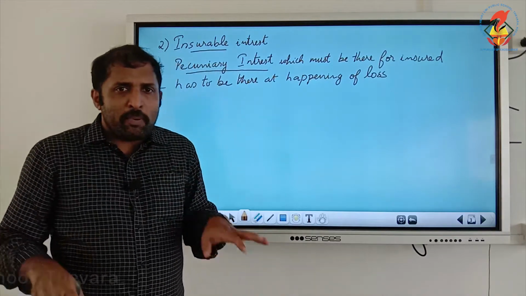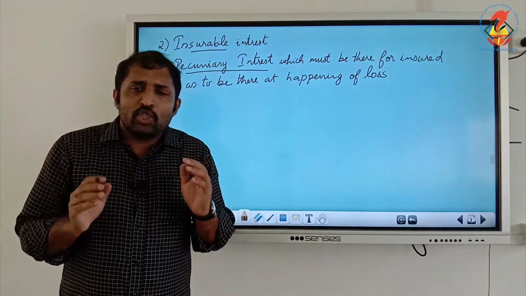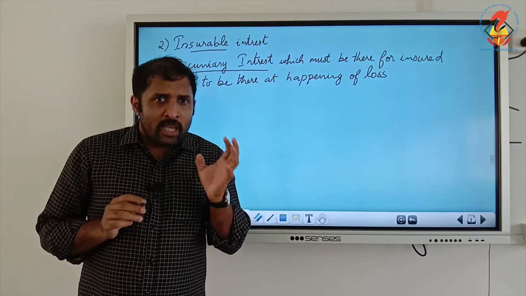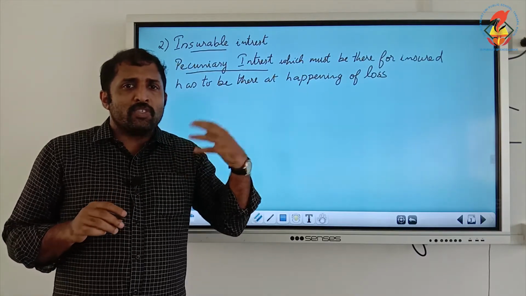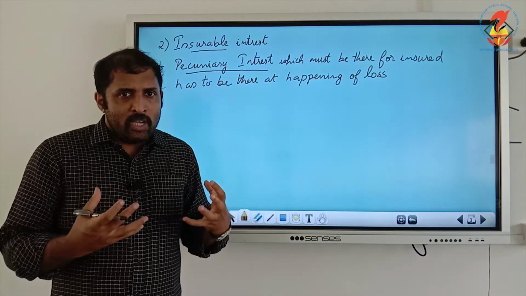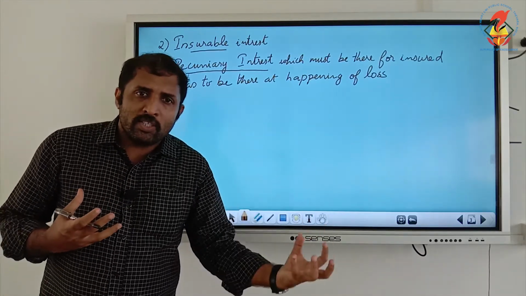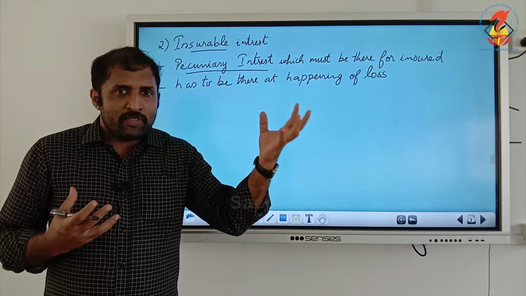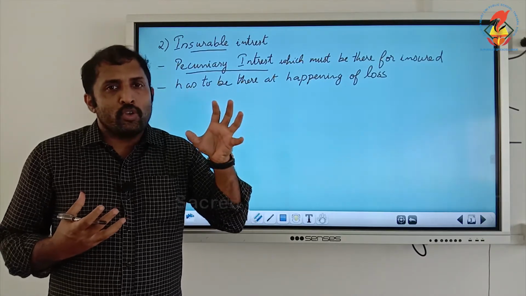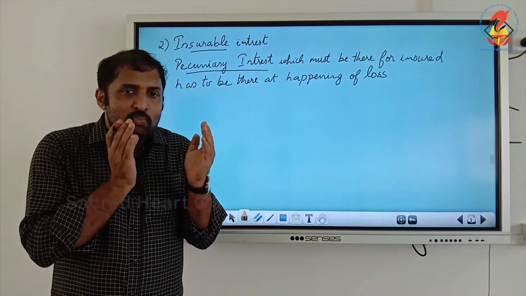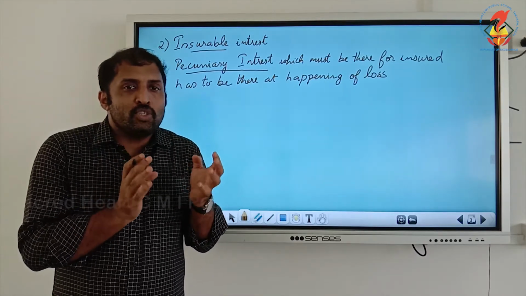So, there must be a pecuniary interest for the insured in the subject matter, and this must be there at the happening of loss. Then only he will try to protect it. If there is a special interest, he will insure it and try to protect it. If a possible loss is going to happen, he will take measures. So, that interest is what is being considered by the insurance company.